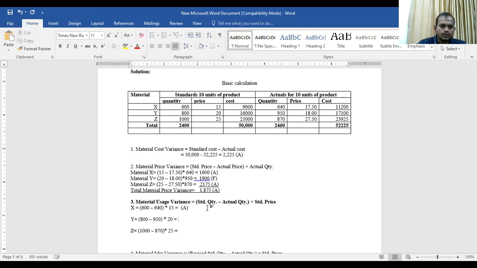Here also the same. 800 is specified, 950 we utilized. We utilized excess. So adverse variance will come. Coming to Z, 1000 is specified but we utilized 870 only. It means we are in favorable variance.